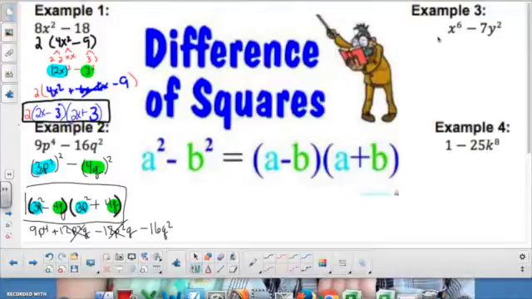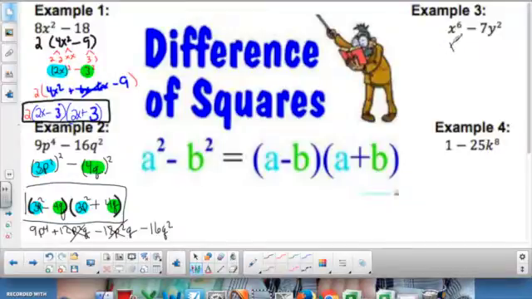Okay, so in example 3, again, first we check for a GCF. There is none. So then I check to see if each term is a perfect square. X to the 6th is x cubed squared, because 2 times 3 is 6.